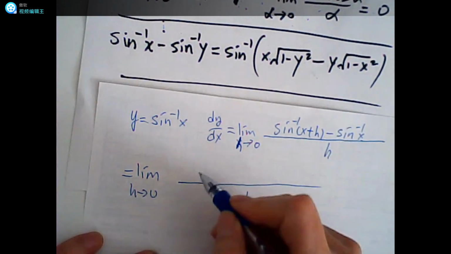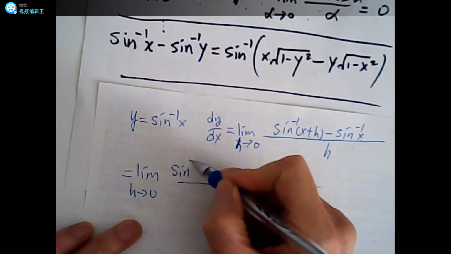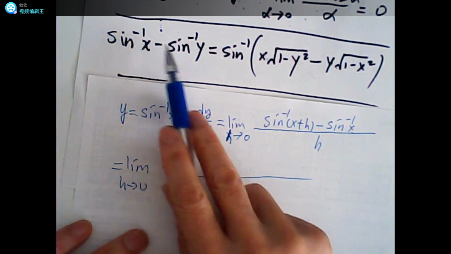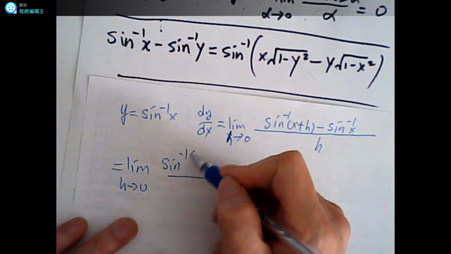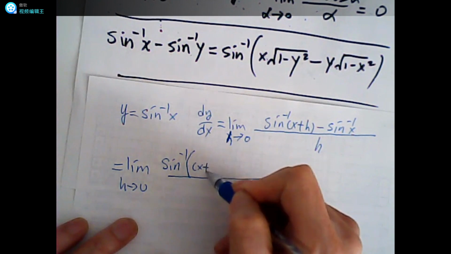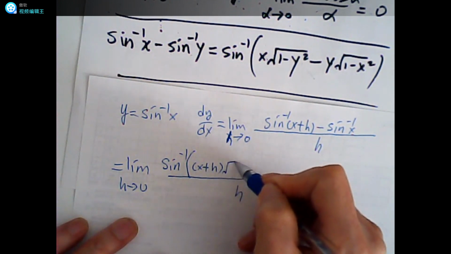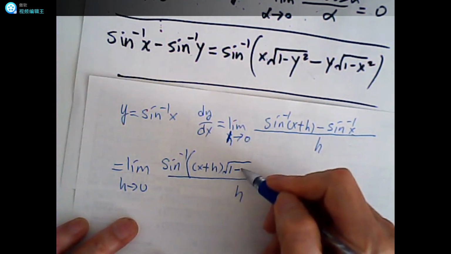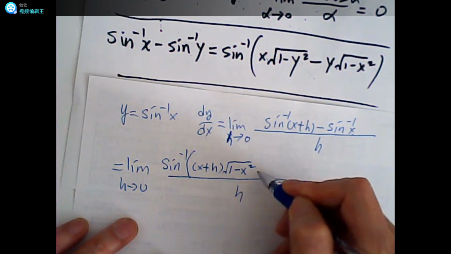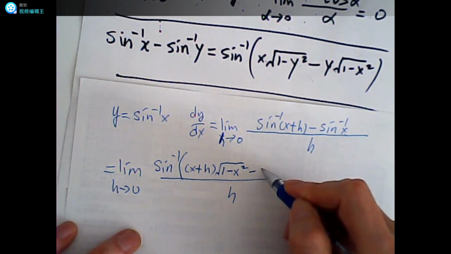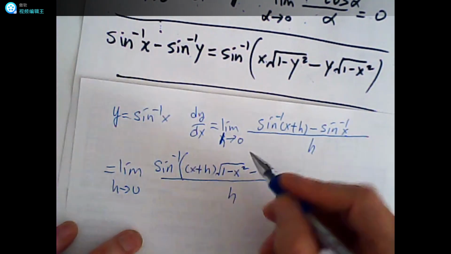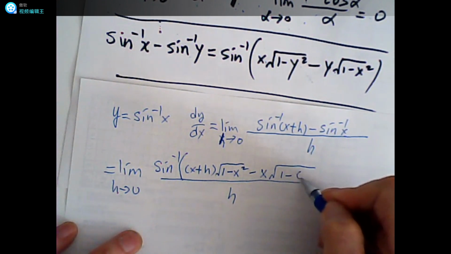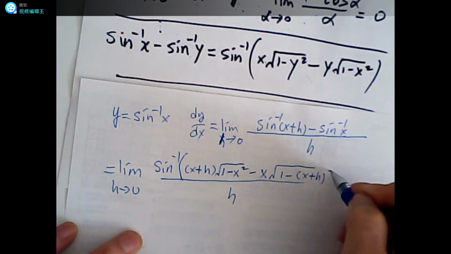So this one becomes arcsine. Now the formula says this times the square root of this one. So this was (x plus h) times the square root of 1 minus x square, minus x times the square root of 1 minus (x plus h) square.